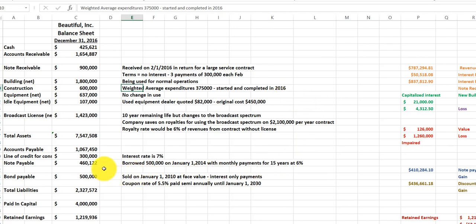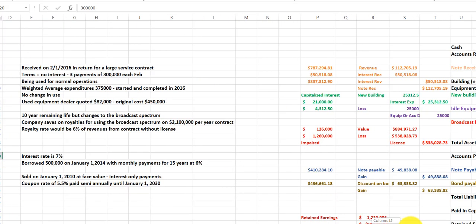If we go down here to the line of credit, it was for construction, $300,000. So the first $300,000 of our weighted average expenditures is at 7%. The other $75,000 would be at the weighted average of the other loans. We have a 6% and a 5.5%, so the weighted average would be between those two.